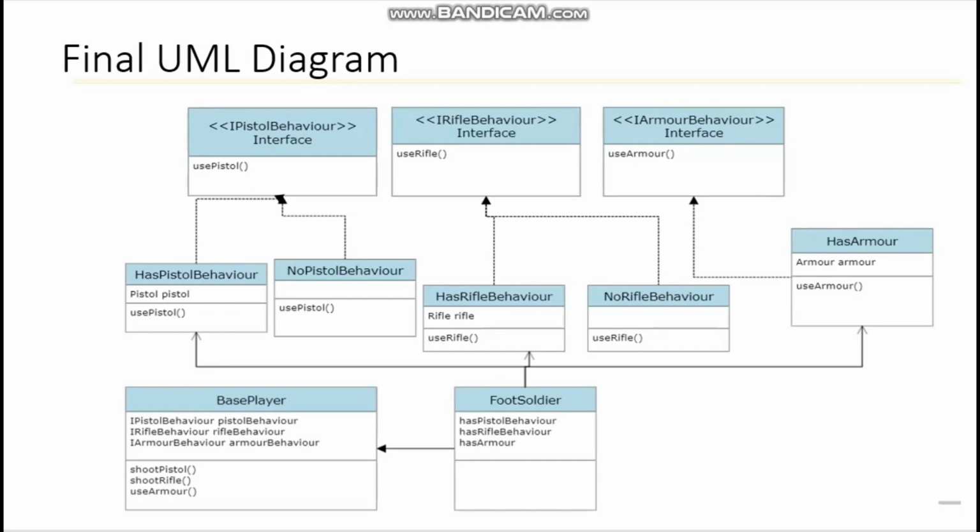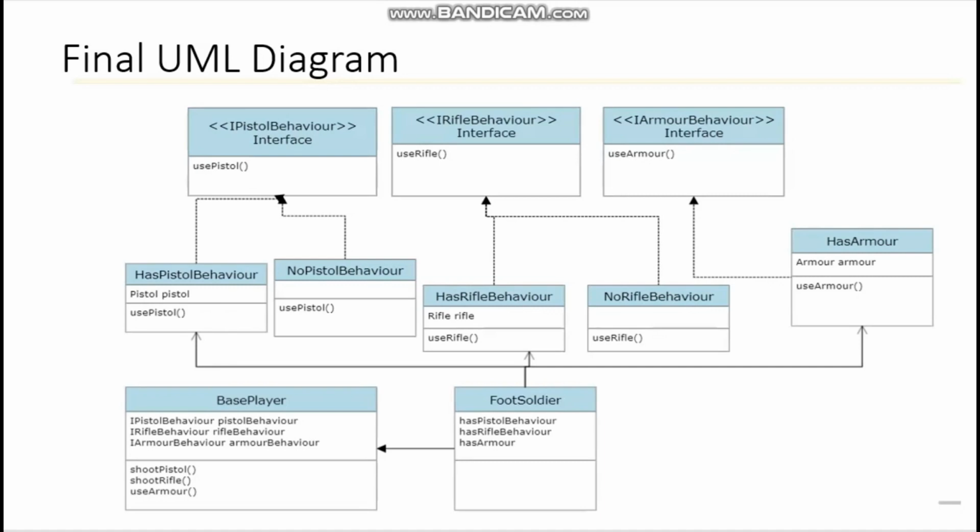Okay, so let's say we have a behavior which defines the behavior of the pistol, and we have a behavior which defines the behavior of the rifle. Similarly, we have the behavior defining the armor behavior, and we simply turn them into interfaces which implement that behavior or that method. And depending on our requirements, we can just make classes that implement those interfaces, and they are gonna have the custom implementation of that method. So this gives us the flexibility to create the behavior in our own way.